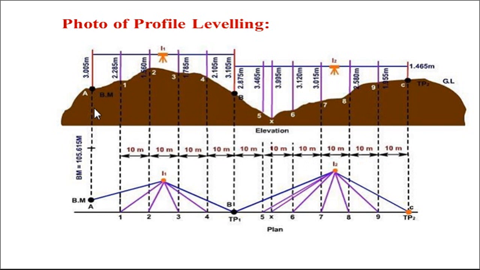And see, this is actual. After plotting we get the actual nature of the ground along that center line of the project like this. So here elevation is this much, this much, this much. So this is called profile leveling, or it is also called longitudinal sectioning.